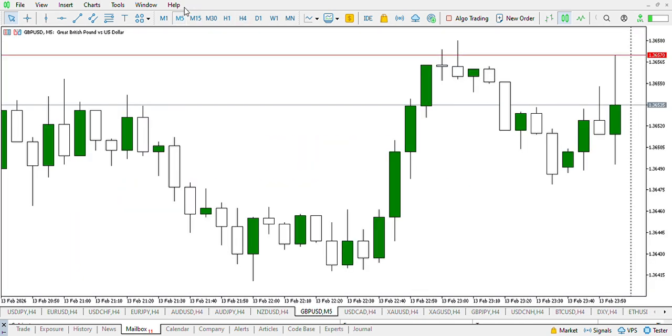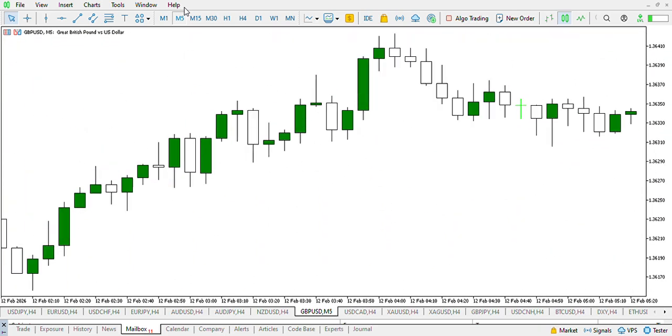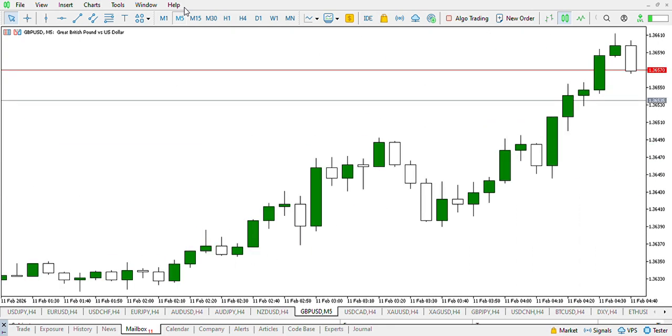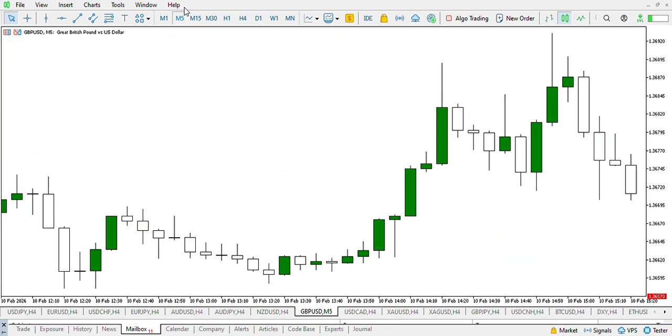Let us go to the M5 where the particular move started, and probably we are going to get a zone to mark.